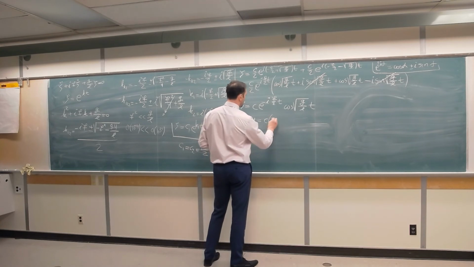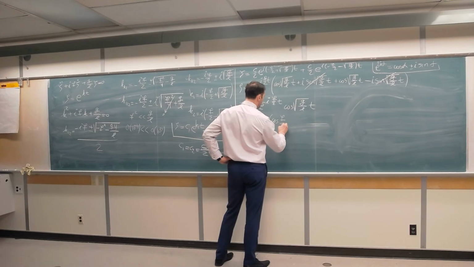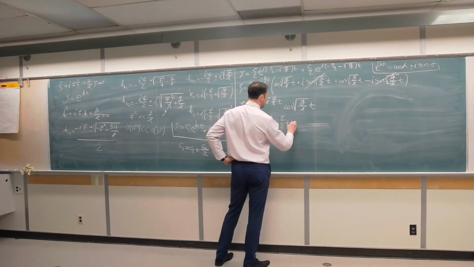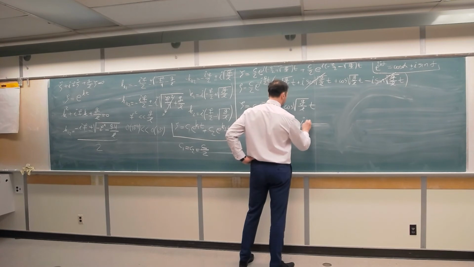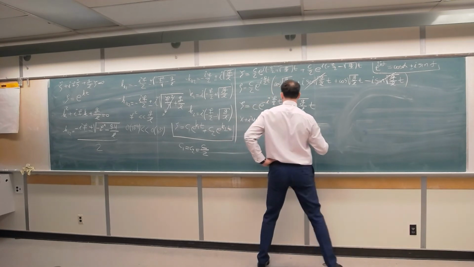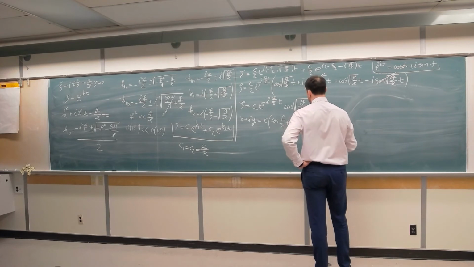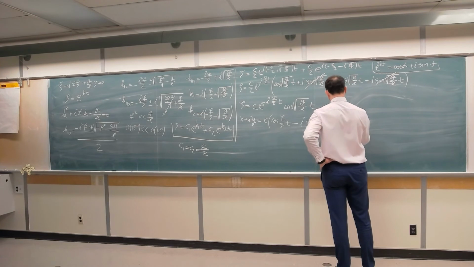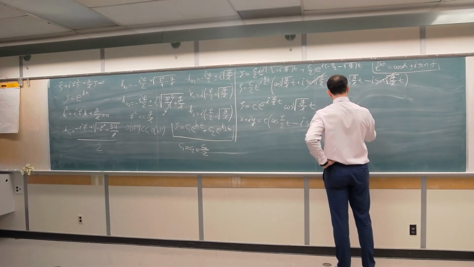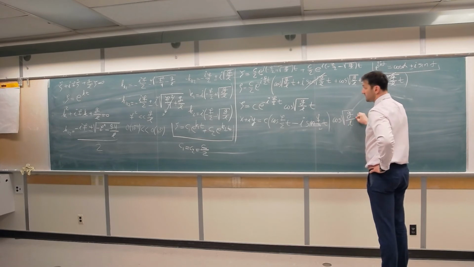So I will get cosine f over 2 times t minus i sine f over 2 times t times this cosine square root g over L times t.